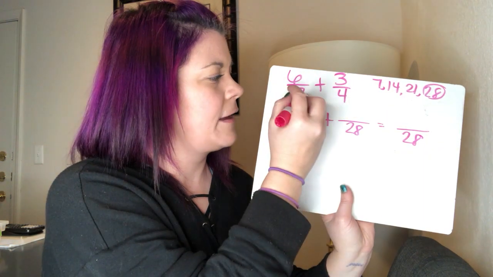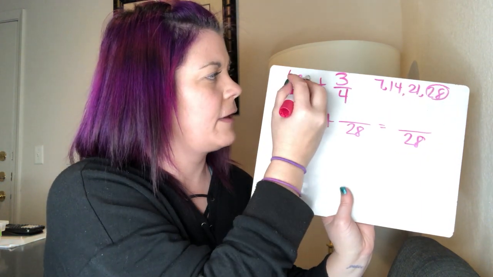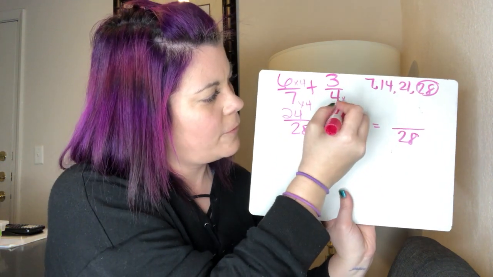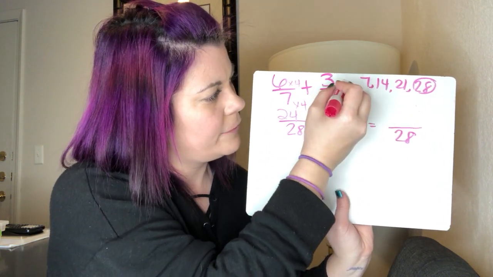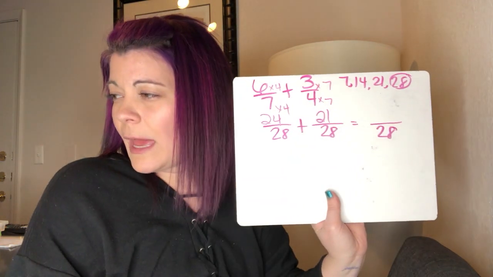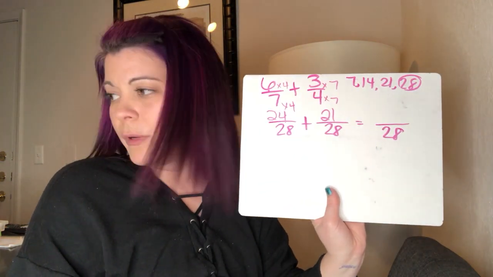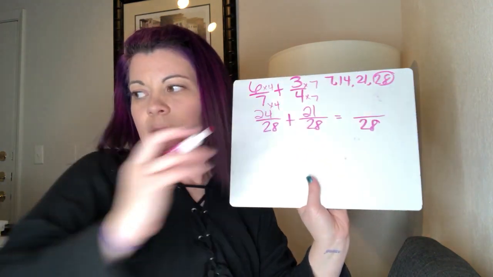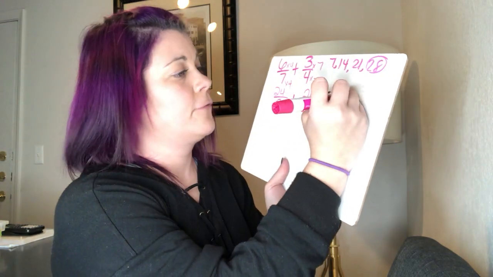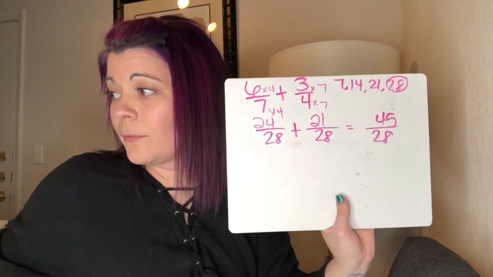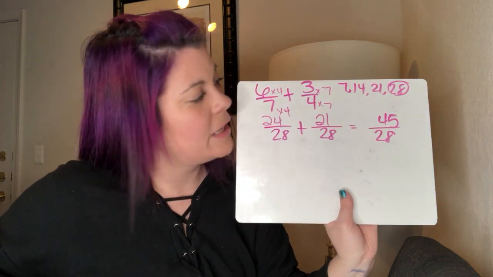So I say 7 times 4 gave me 28, so I have to do 6 times 4, which is 24. I did 4 times 7, which is 28, so 3 times 7, 21, and then I'm going to add them. 24 plus 21 is equal to 45, and then we have 45 over 28. And we want to change it to a mixed fraction.